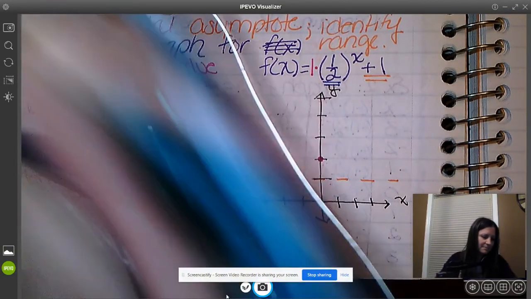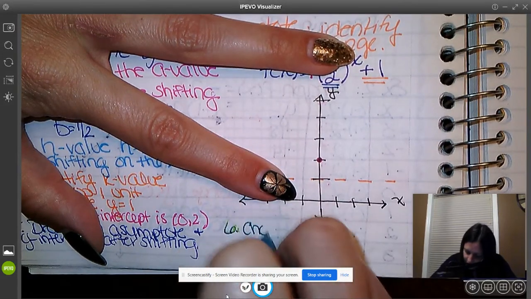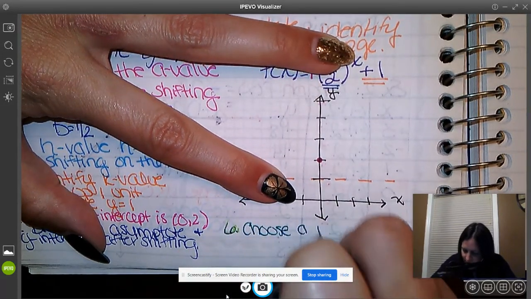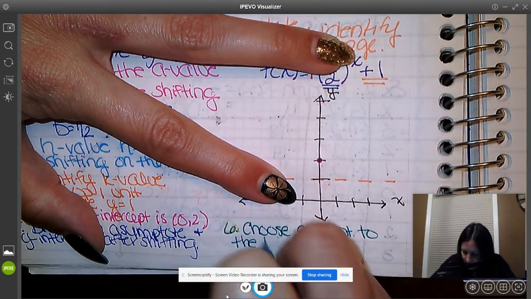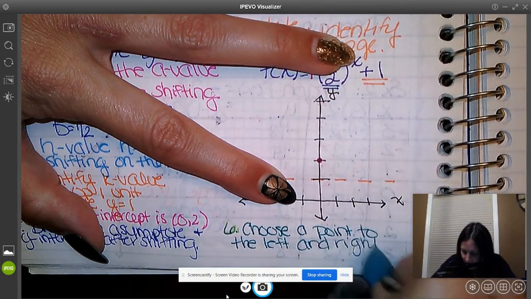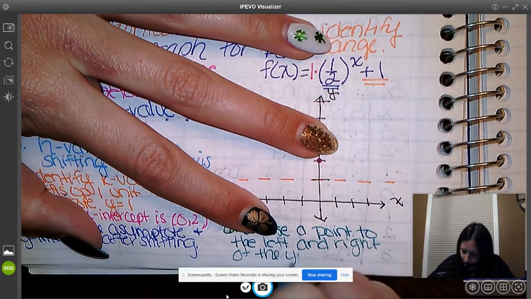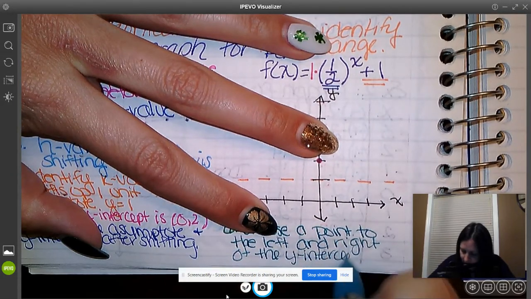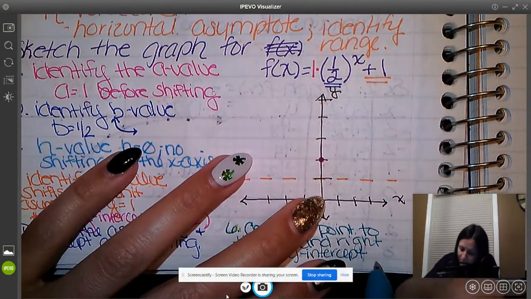Let's use this one. So step 6. Choose a point to the left and right of the y-intercept and make a table.